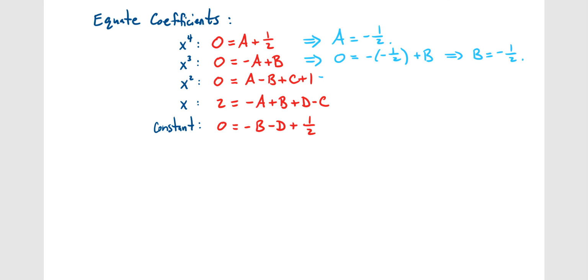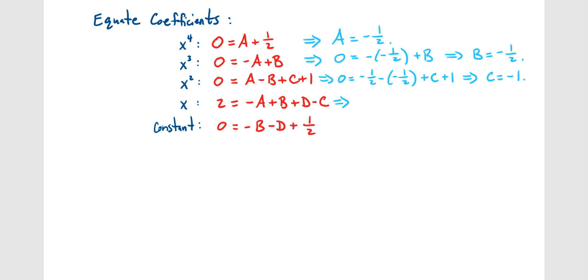Next one, we're going to plug in a and b. So it's going to be 0 equals negative 1/2 minus negative 1/2 plus c plus 1. A and b end up canceling each other there, and we're left with 0 equals c plus 1, c equals negative 1.